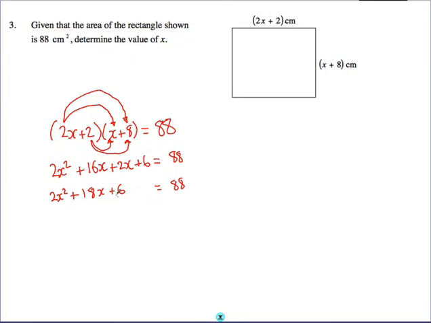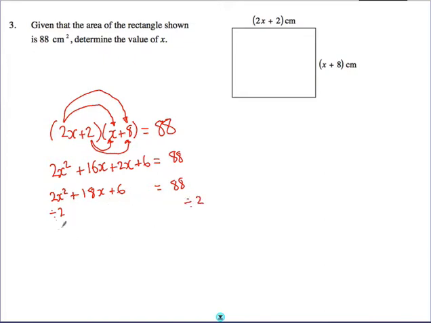Now, we're mathematicians. When we see all these numbers, we can try and simplify it. Since they're all even, and 2 seems to be the biggest number that goes into every single number, we're going to divide every single term on the left-hand side by 2 and divide the right-hand side by 2 to balance.